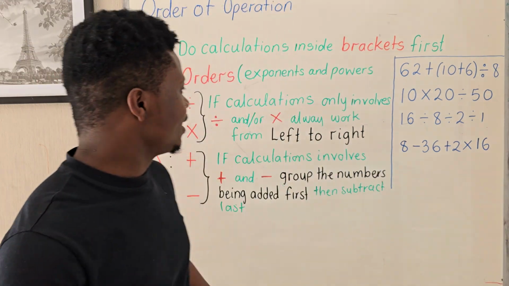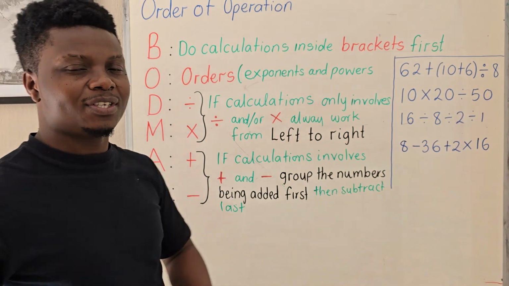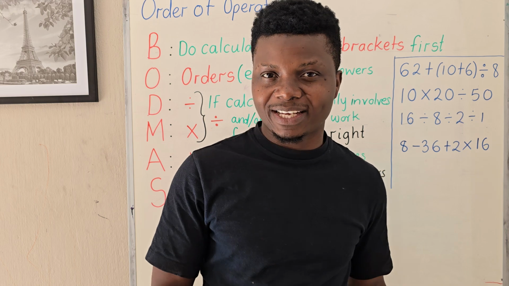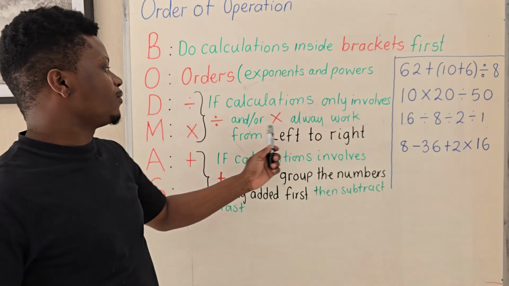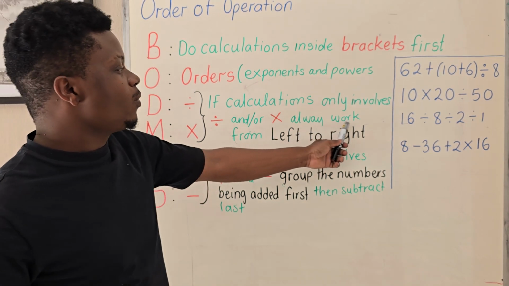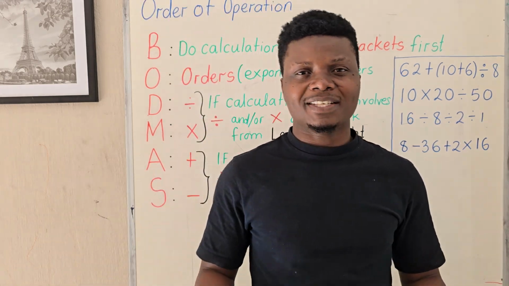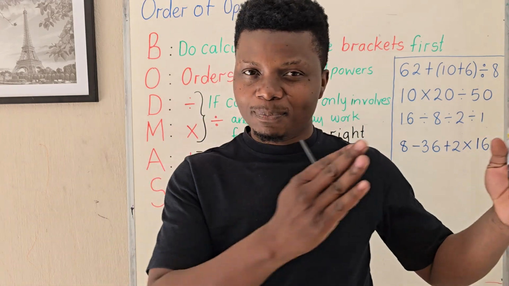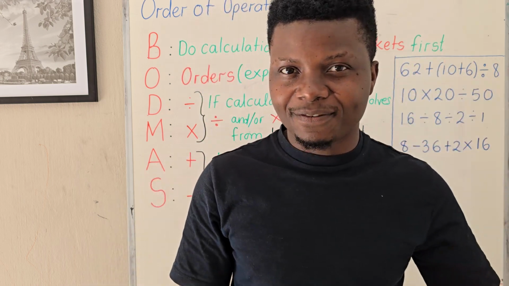If division and multiplications are right next to each other, you don't start with division or multiplication. But if calculations only involves division and or multiplication, always work from left to right. That's very important. So don't be misled that always divide. If multiplication starts followed by division, you have to work from left to right.